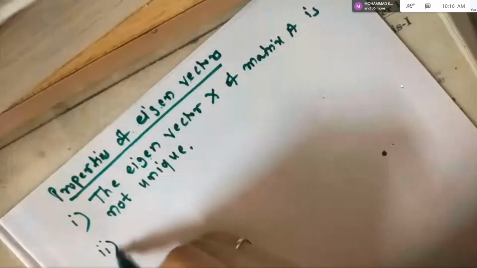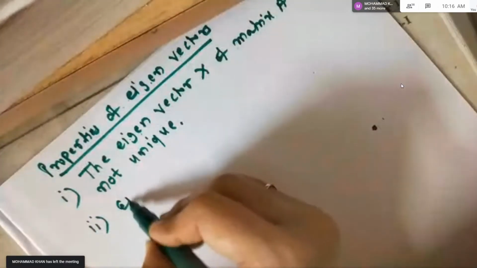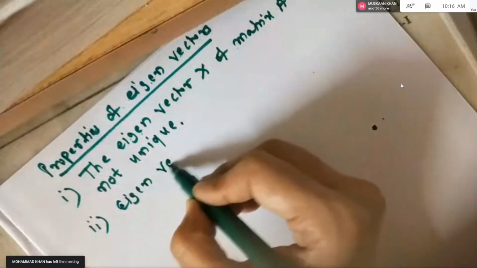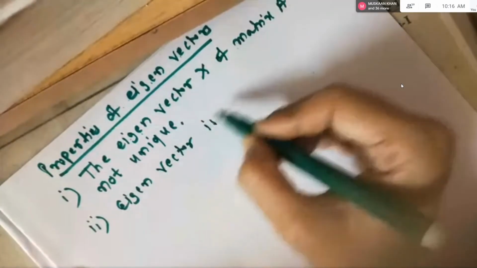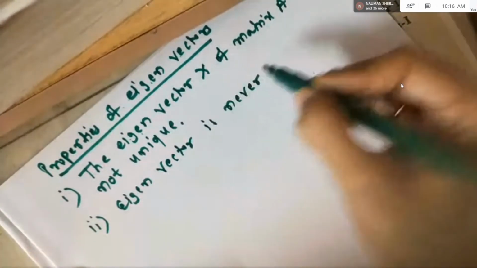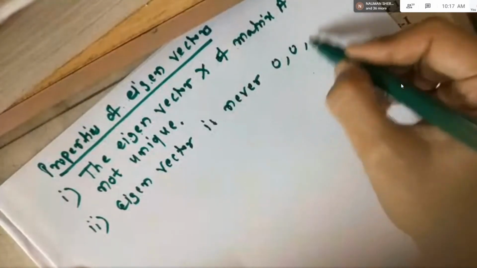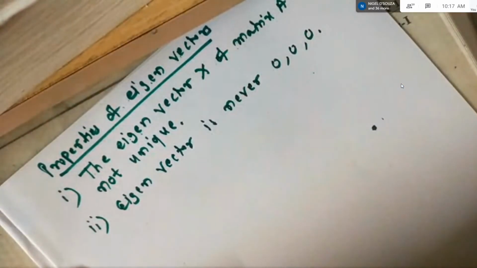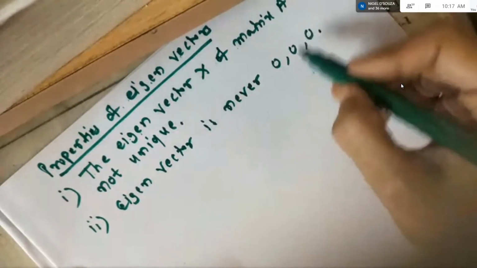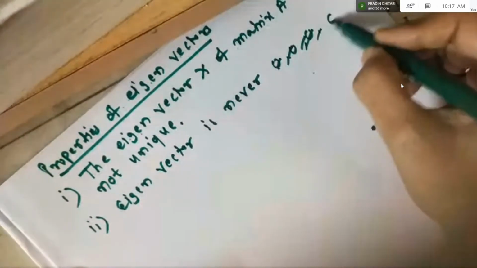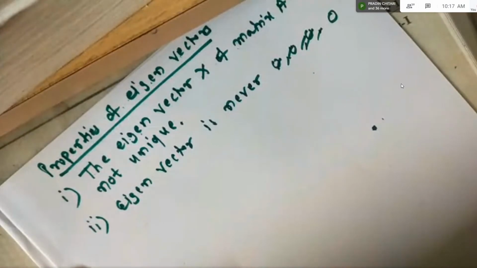Second property is eigenvector is never 0, 0, 0. Okay. Or instead of writing 3 zeros, you write directly 0. Or the null matrix, in place of 0, we'll call it as O, means the null matrix.